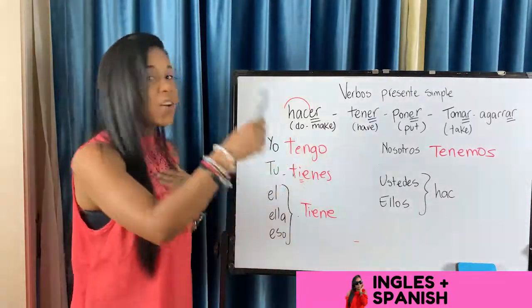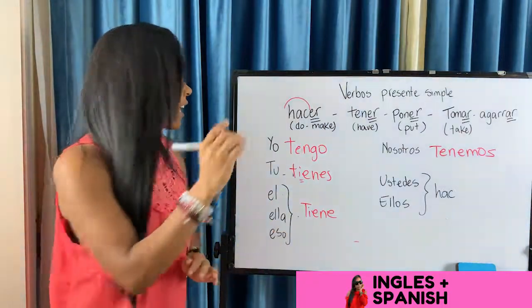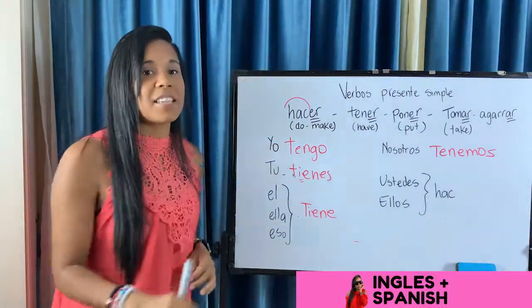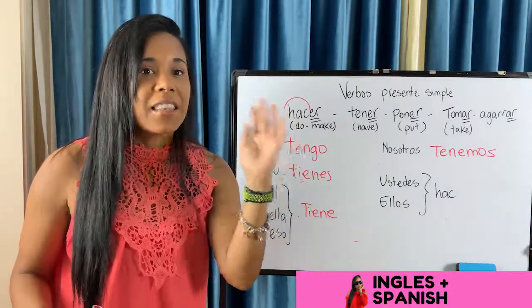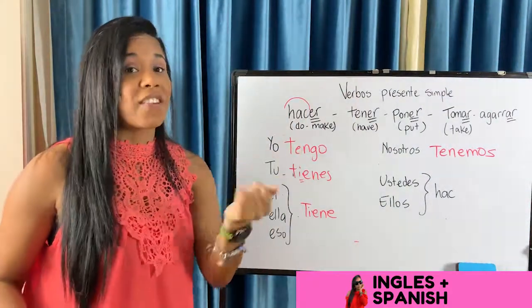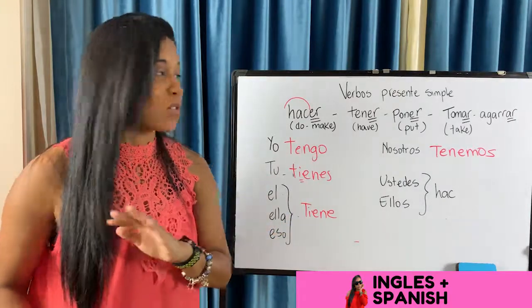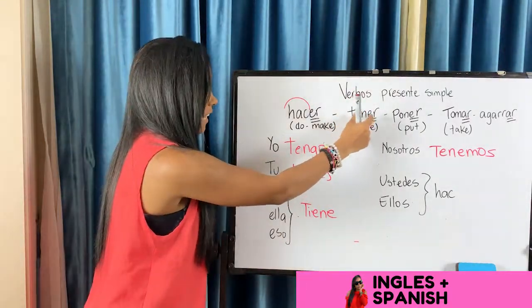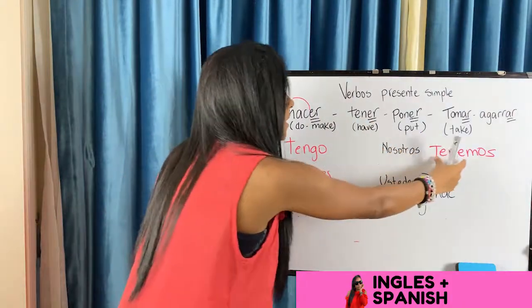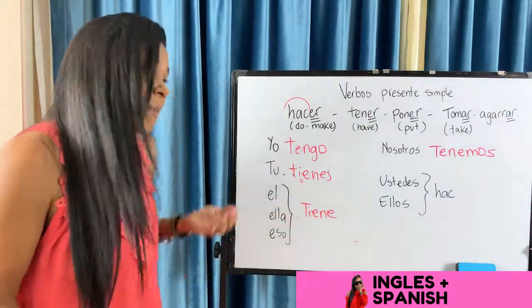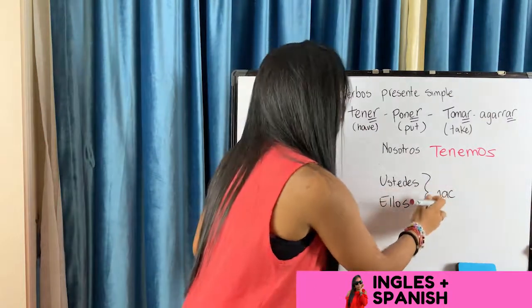So, yo tengo un perro. I have a dog. You have a dog. Tú tienes un perro. He has a dog. Él tiene un perro. We have a dog. My husband and I, nosotros tenemos, okay? With the same root, tener, and it's actually the first one which is conjugated in this form, but it's okay. Y ustedes tienen.